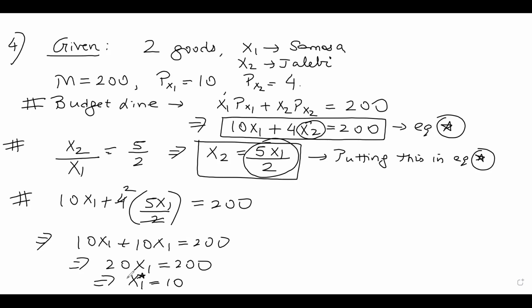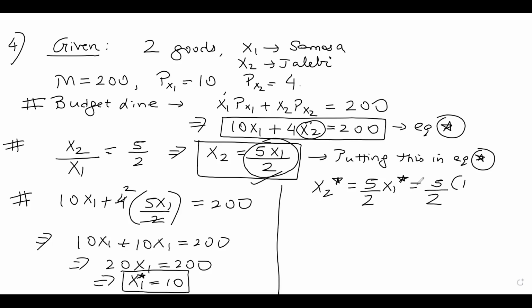Since it's an equilibrium value, x1 star is equal to 10. Now I can put it here and get x2 star. So my x2 star will be 5 by 2 x1 star, which is 5 by 2 times 10, which is 25. So guys, I get x1 star as 10 and x2 star as 25.